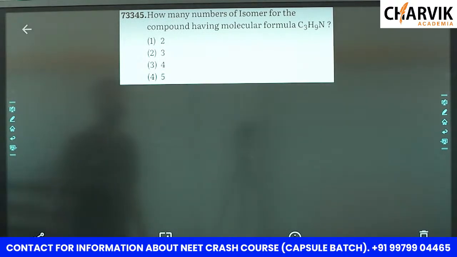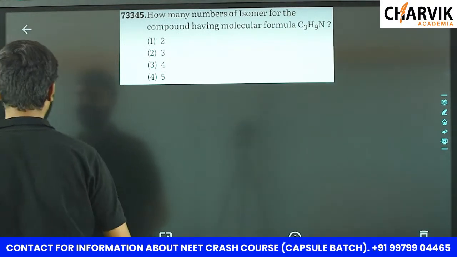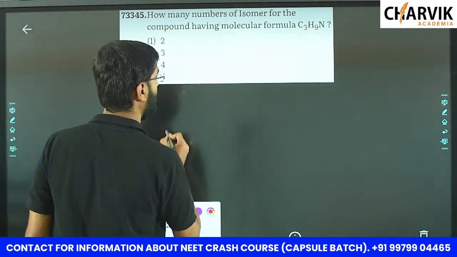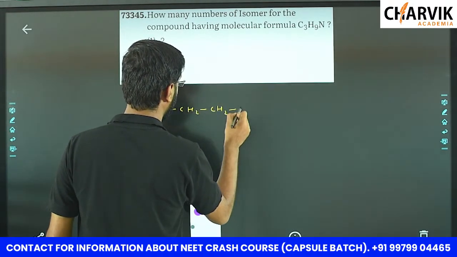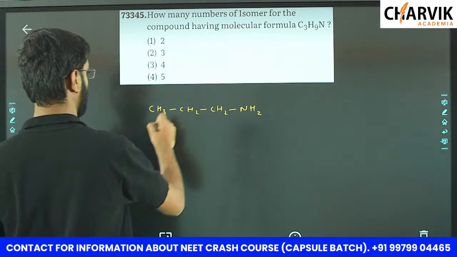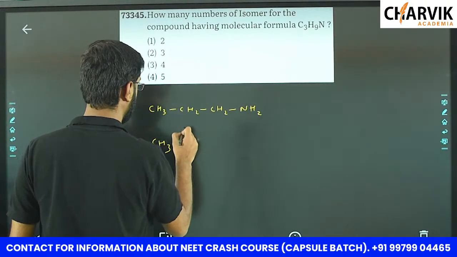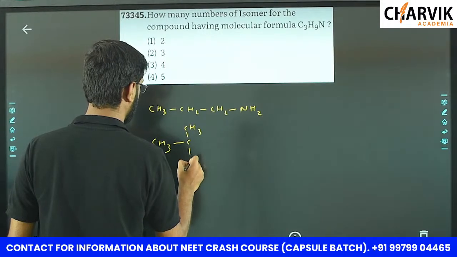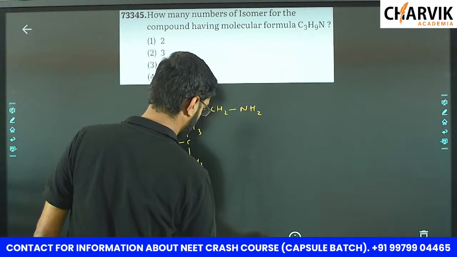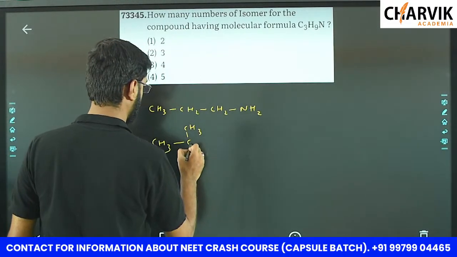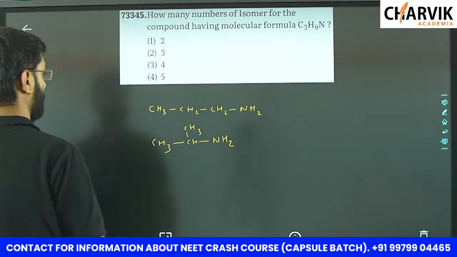How many isomers are possible for a compound having molecular formula C3H9N? Okay, simple question. C3H9N: CH3, CH2, CH2, NH2. Okay, this is your first. CH3, CH, CH3 with NH2. 1, 2, 3 carbon.